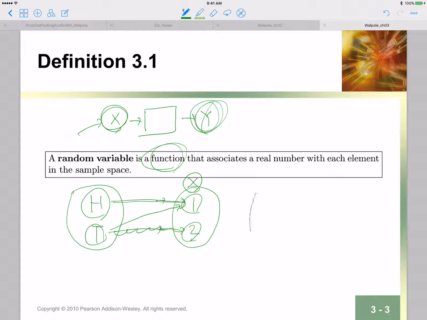In the case of dice rolling, 1, 2, 3, 4, 5, 6, our random variable x can map 1, 2, 3 to 0 and 4, 5, 6 to 1. In this case, this random variable x has the meaning of whether the dice number is less than 4 or greater than or equal to 4.